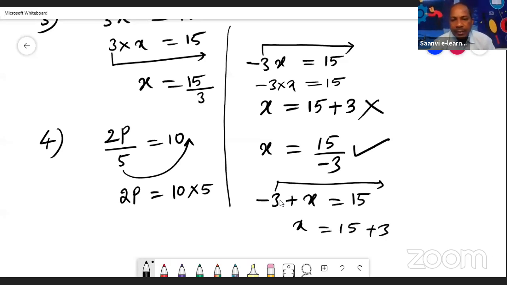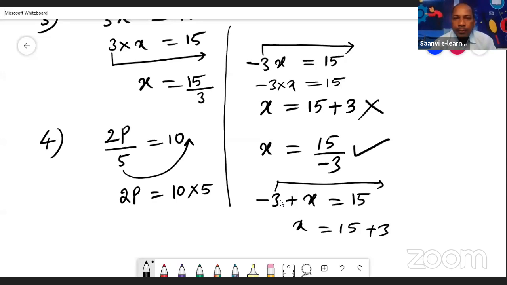Because here minus 3 is one quantity, x is another quantity. Between them, a plus symbol is there. This plus symbol is dividing these two quantities, right? So in this case, when this minus 3 is sent this side, it becomes plus 3.